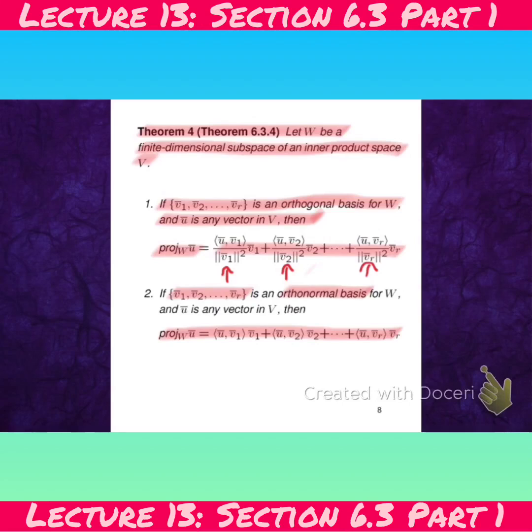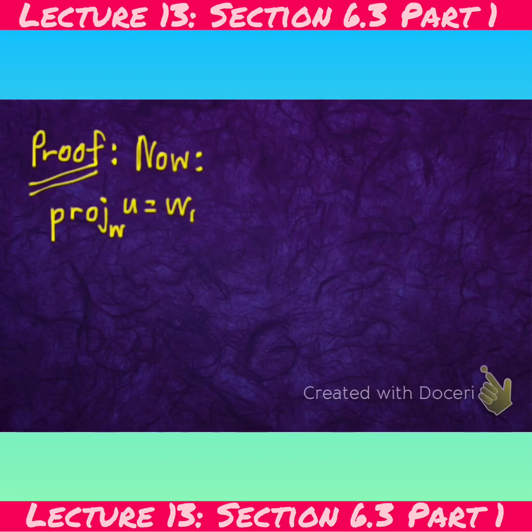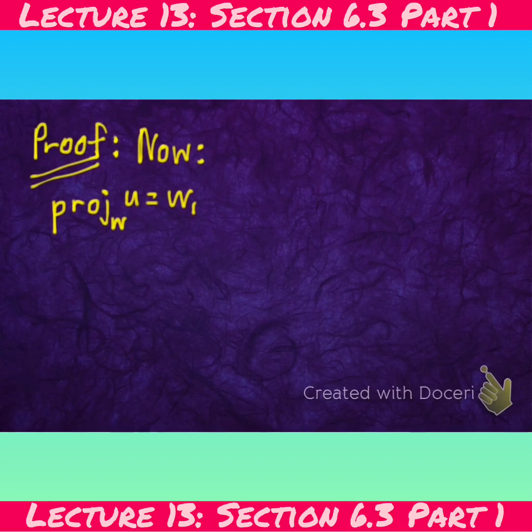Right, so let's quickly see why this is the case, why we can represent our projection of u onto W in that way. Now recall that w1 was the vector that's the projection of u onto the subspace W. And what was w1? Again, it's that vector in W. Now, w1 can be expressed as a linear combination of the basis vectors.